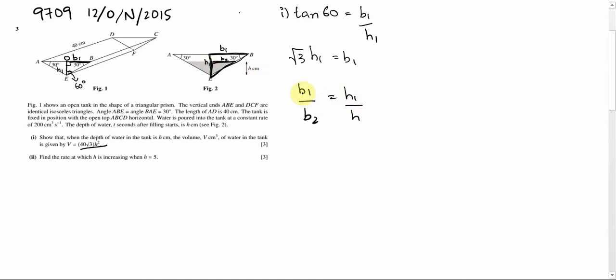I'm going to replace b1 with root 3 h1, so root 3 h1 upon b2 is h1 upon h, and the h1 will cancel, and b2 becomes root 3 h.